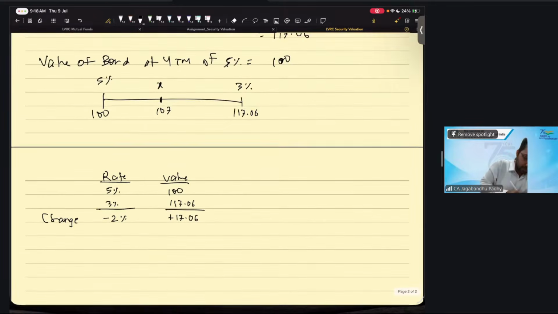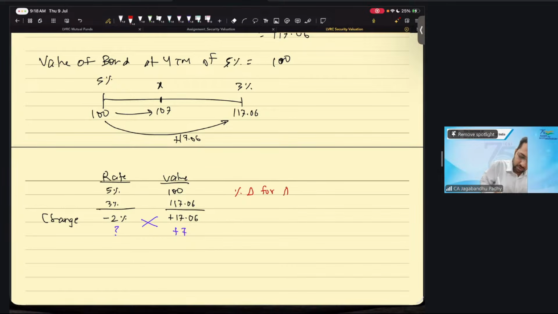But did we want to change it by 17.06? No. How much is the change we wanted in the bond value? From 100, we wanted it to make it 107. So we just wanted a change of 7 rupee. If 7 rupee is the change that we wanted, what is the percentage change?